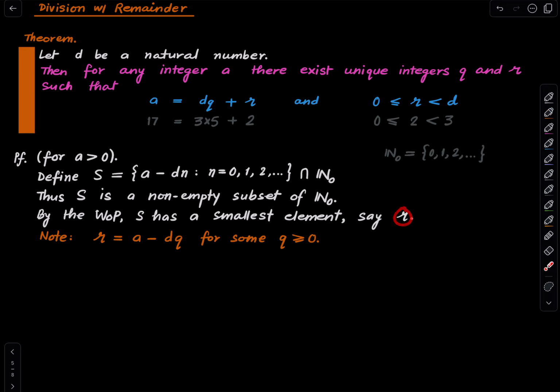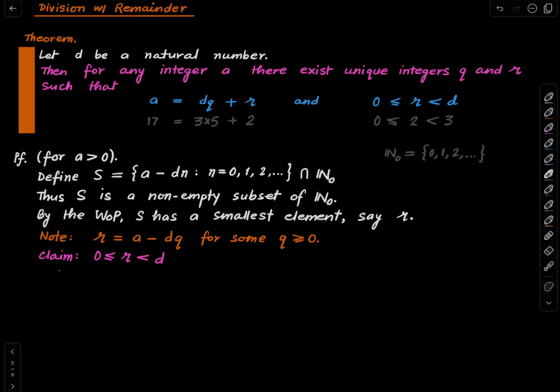Because r, after all, is an element of this set, and any element of this set can be written in this fashion for some non-negative integer q. That's how this set is defined. So r is equal to this for some non-negative q, but we claim that r is in this range.